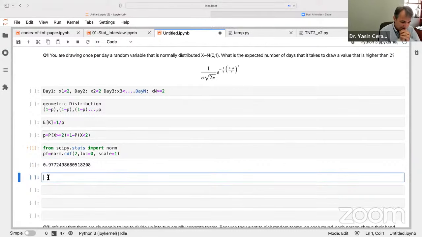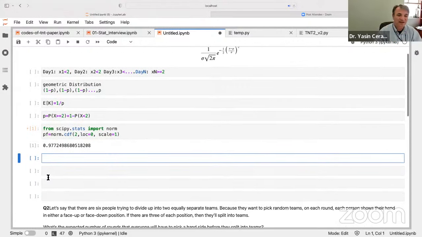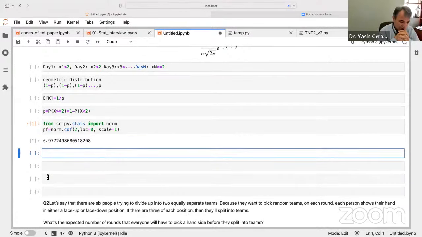Okay, so if that is the case, now let me also draw this normal distribution for you. Again, this is not part of the solution, but let's just visualize it. For that, I'm going to use Matplotlib. So import the pyplot as plt.